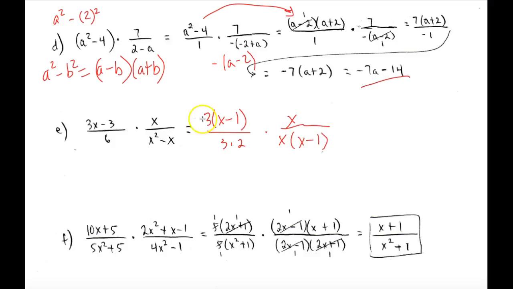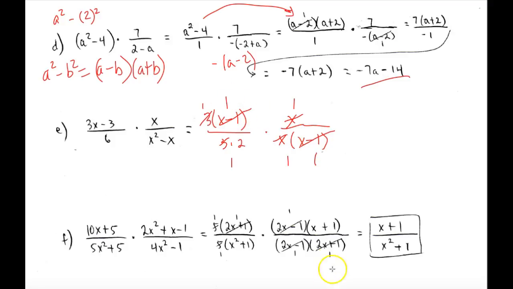So we have a common factor of 3 that reduces to 1, a common factor of x that reduces to 1, and a common factor of x minus 1 that reduces to 1.